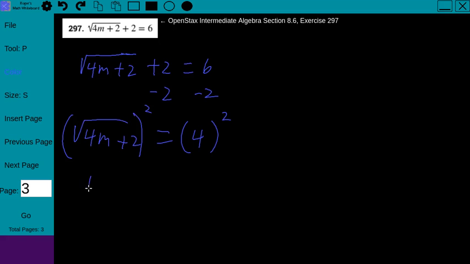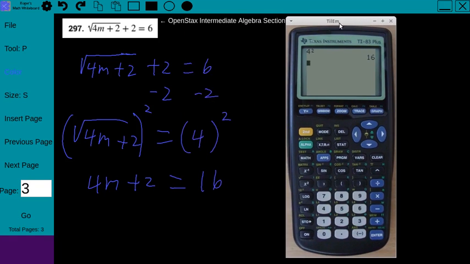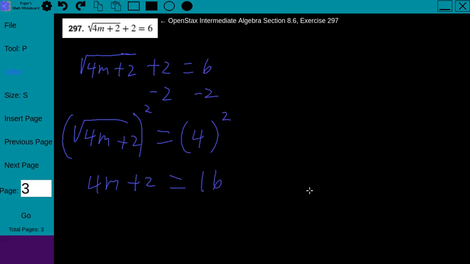So we'll be left with 4m plus 2 equals whatever 4 squared is. 16, I do believe. Let's check that on the calculator. Alright, so that is in fact 16.